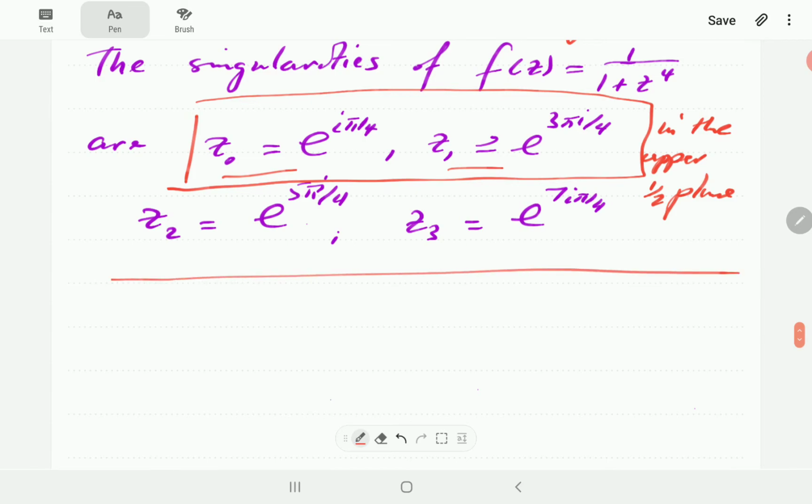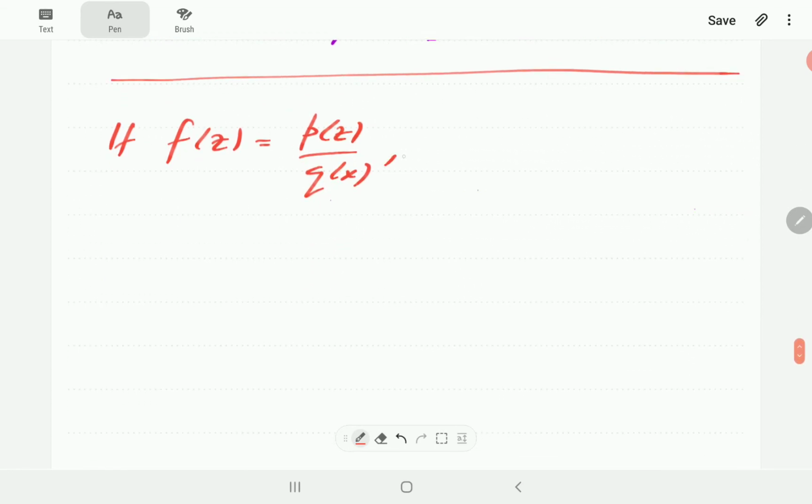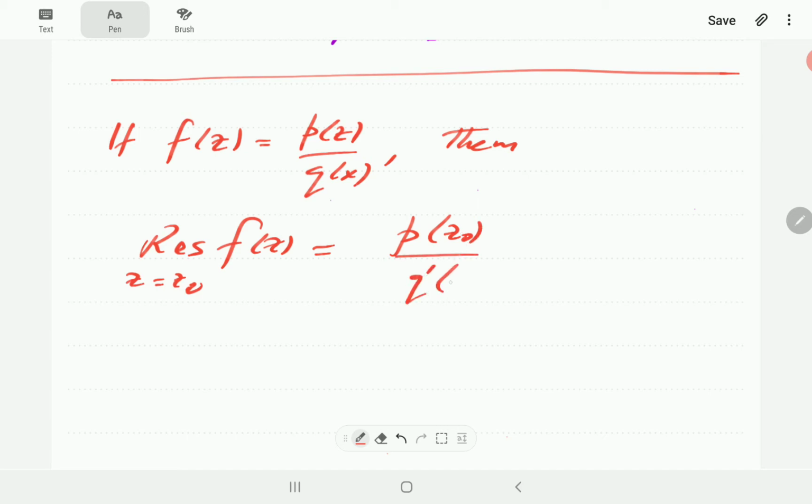Now, just a little result, you're going to recall that if f of z is a rational function, p of z divided by q of z, then the residue of f of z at z0, where z0 is a pole, is simply going to be given by p of z0 divided by q prime at z0.